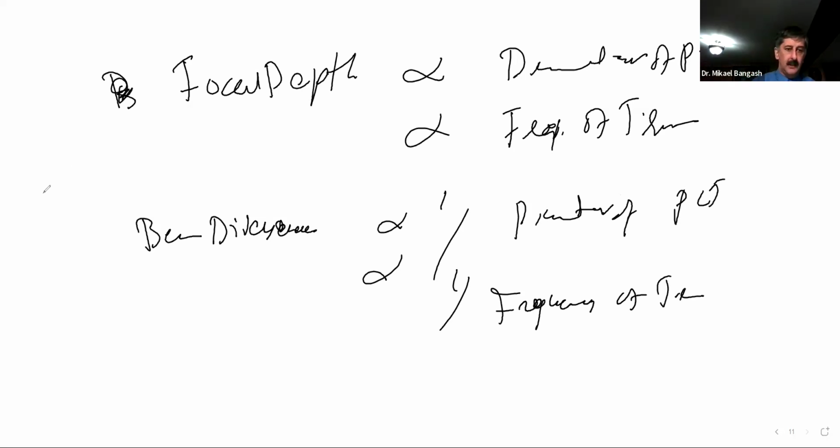What does it mean to be directly proportional? That when one or both are high, it is going to increase, whereas if one or both are low, it will decrease. What would it mean to have a greater focal depth versus a lesser focal depth? A lesser focal depth may be like this, whereas a greater focal depth may be like this.